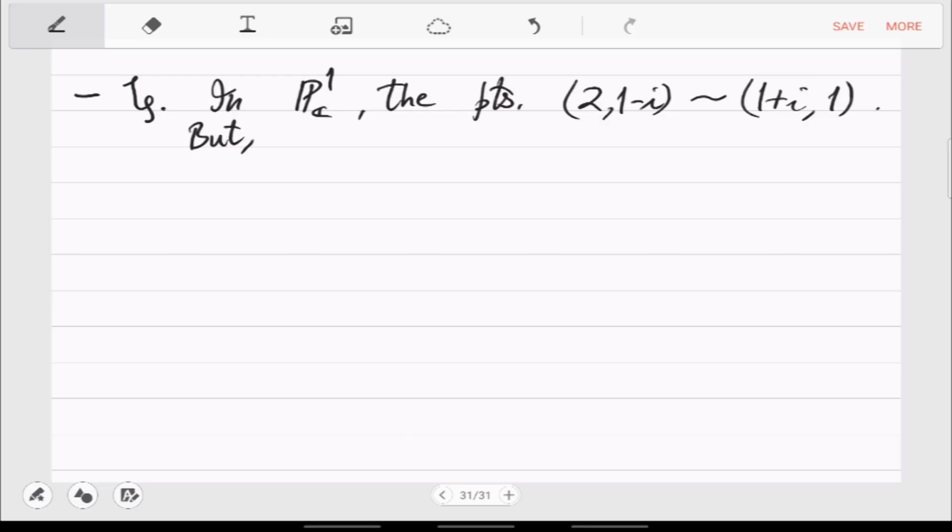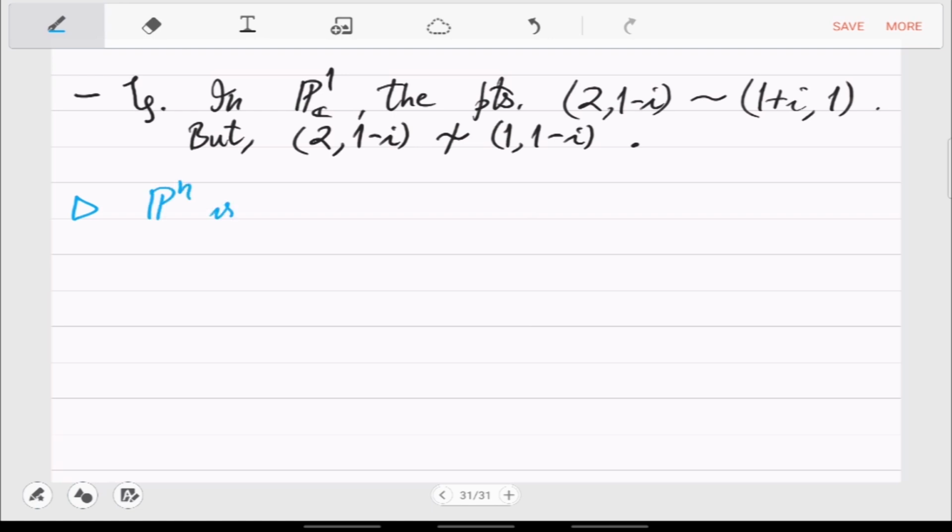So they are the same in the projective one space, but 2 comma 1 minus i and 1 comma 1 minus i, these are different points. Okay, because the ratio for the first coordinate is 2, for the second it's 1.